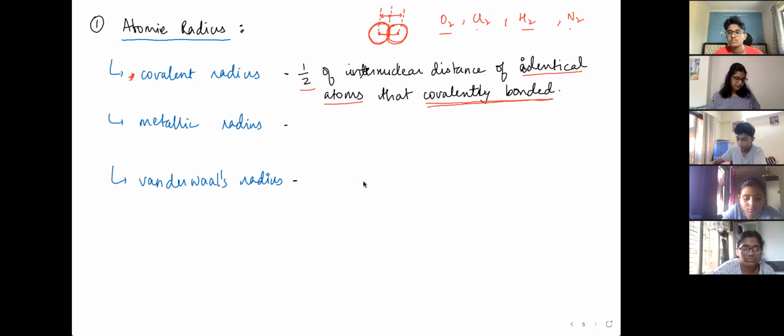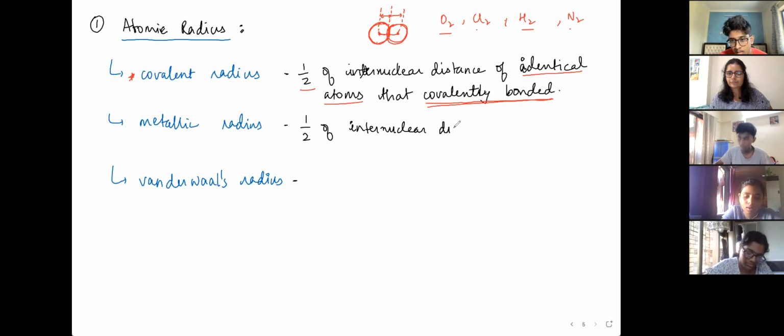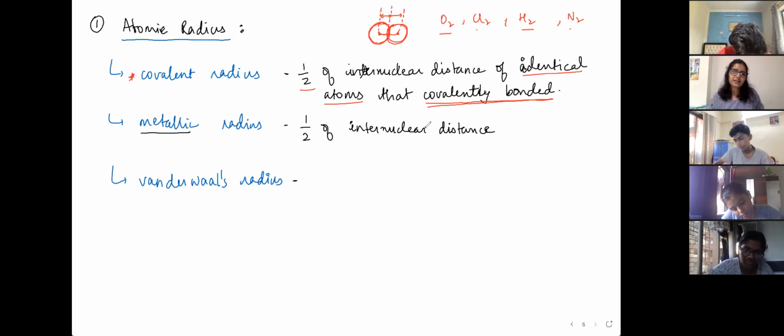Based on this, can you figure out what the metallic radius is then? All of them follow the same logic. So metallic radius again is going to be half of the internuclear distance. Now, when we talk about metallic radius, what situation are these atoms in?